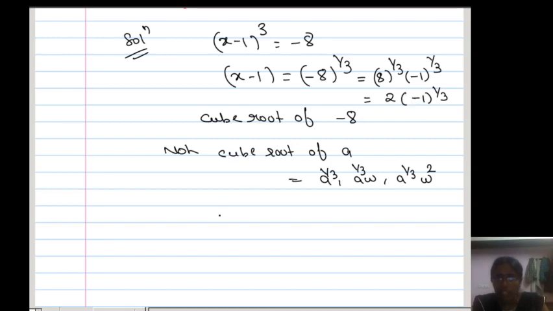So what I am telling now: x minus 1 is equivalent to 2 into minus 1 whole power 1 by 3. Now see, this is a positive real number, but here you have a negative real. What is the cube root of minus 1?